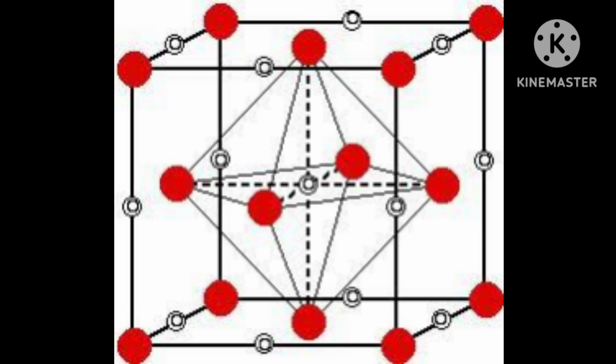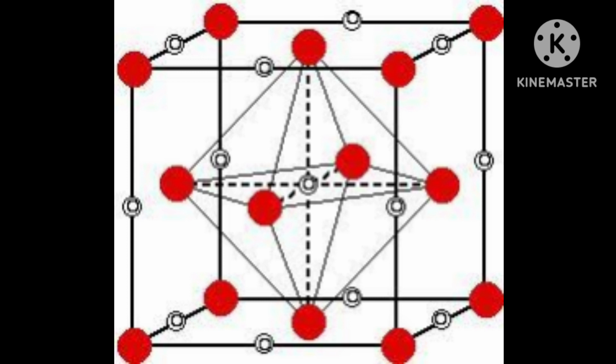Obviously, if you join all eight, you will find in the middle of each face of the big unit cell one atom is coming, because in the beginning I told you at every alternate corner you have to put one atom.